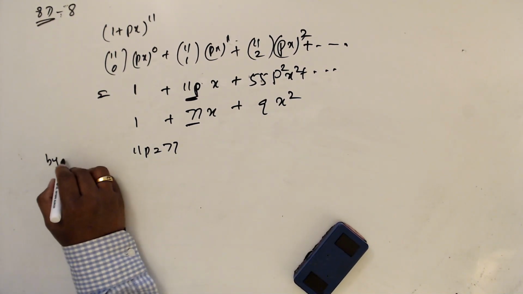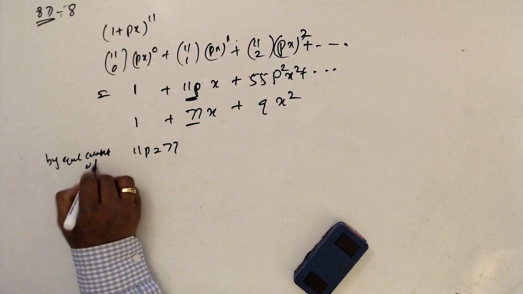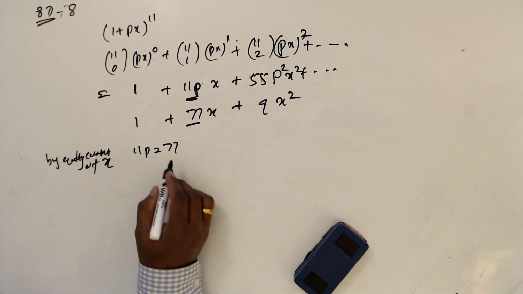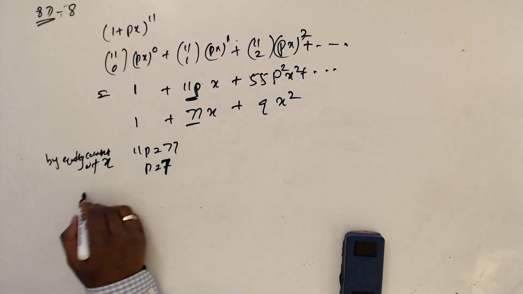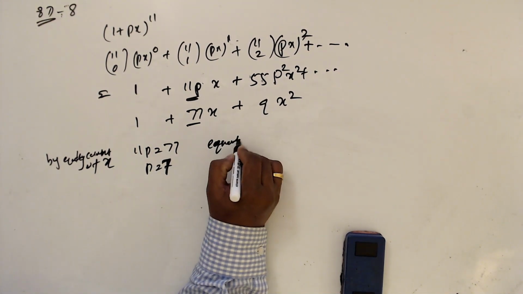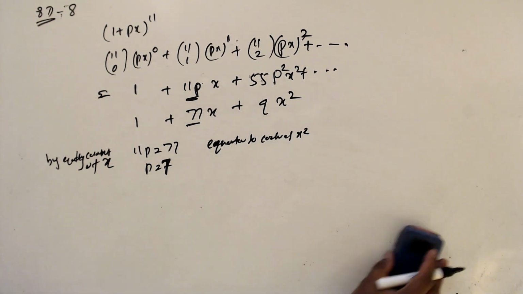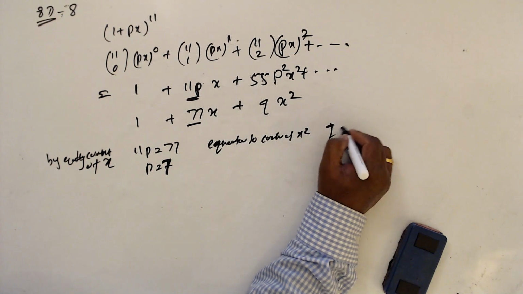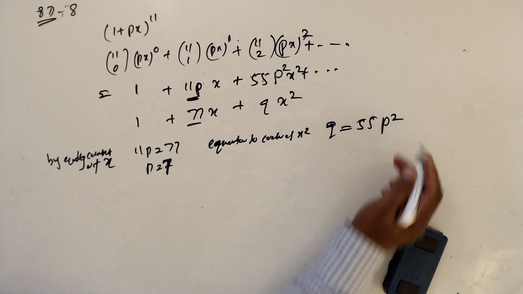Now we can see 11p equal to 77, by equating the coefficient of x. So then p equals 7. Then equating the coefficient of x square, here q equals 55 p square.